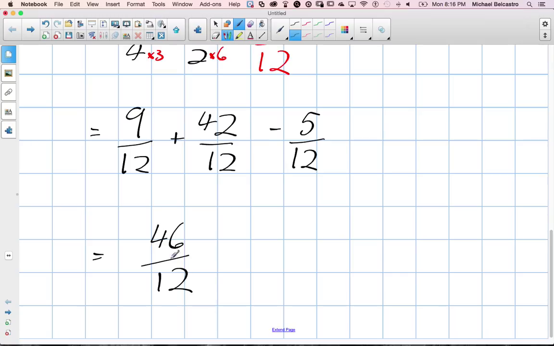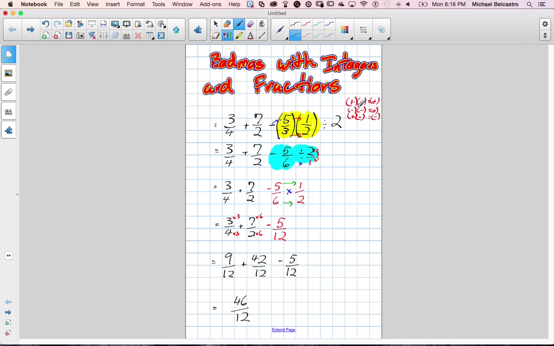They might tell you to make it a mixed fraction or turn it into a decimal, which would be around 3.8, something like that. But this is an acceptable answer as a fraction, 46 over 12. That works out fine. And that covers our multiplication and division rules for integers also, while working with a pretty tough fraction question.